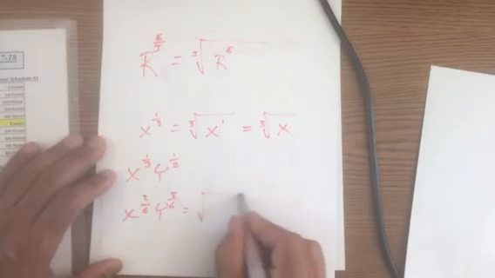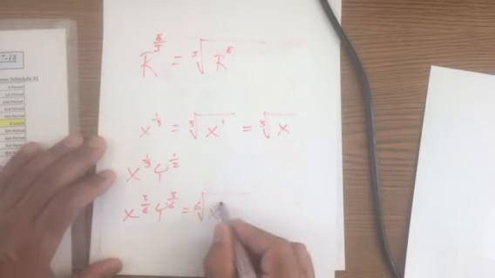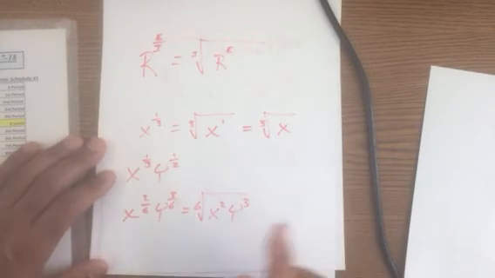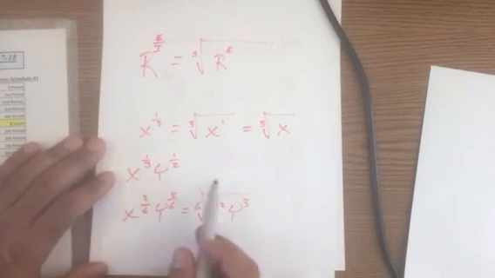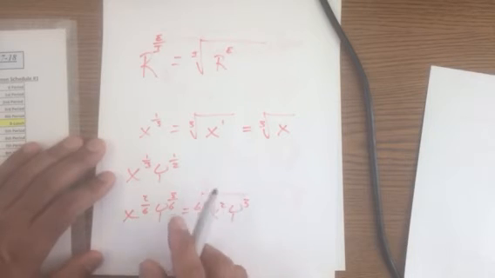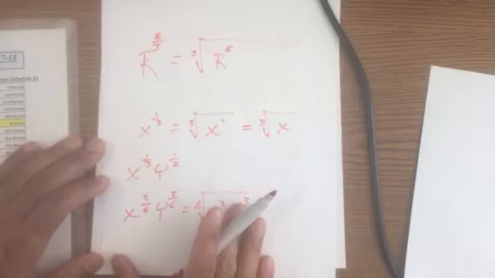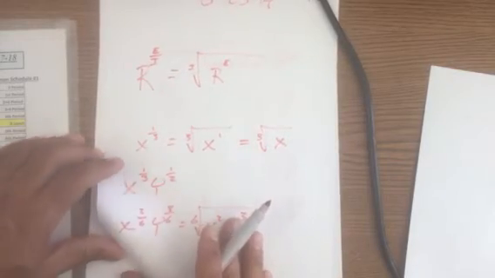Now I can make it a 6th root of x squared y to the 3rd. So sometimes I have to get my rational exponents the same, and rational just means that it's a fraction. So I have to get the same denominator to be able to do it.